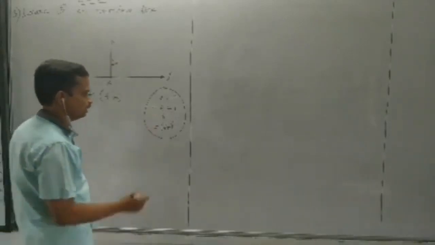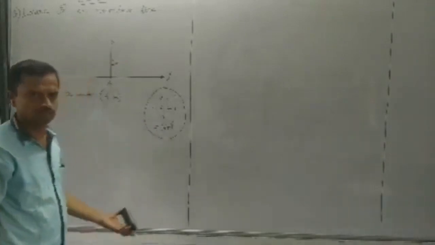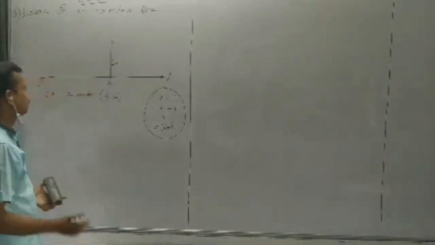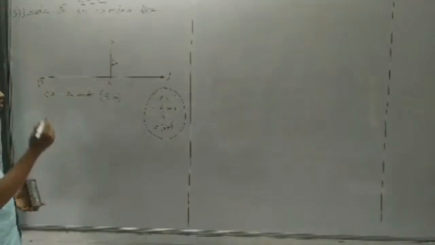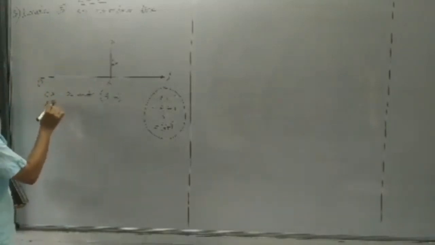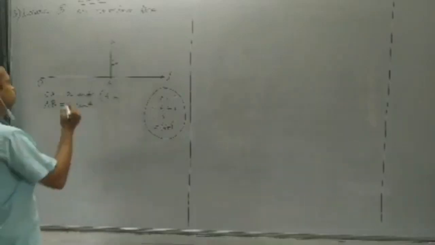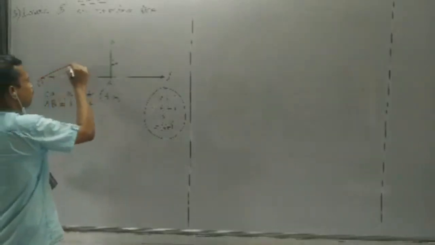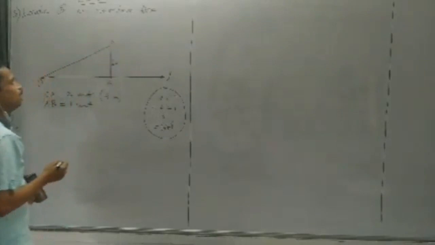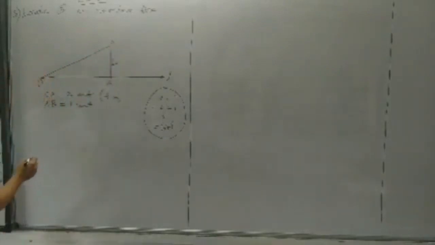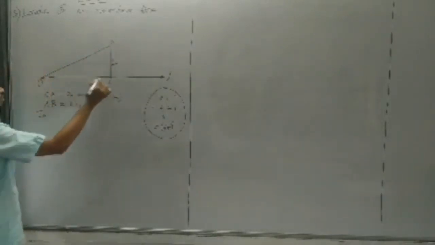And 5 you can write as root 5 the whole square, which is nothing but 5. So like that, here OA is 2 units and AB you take 1 unit and you join OB.